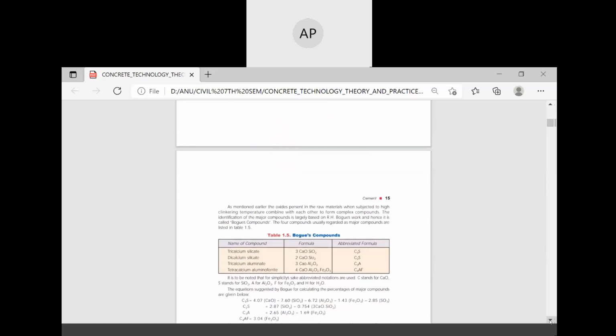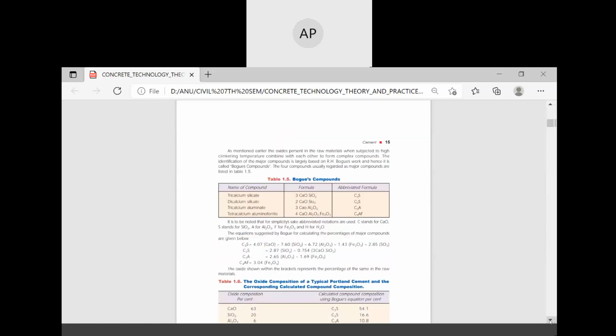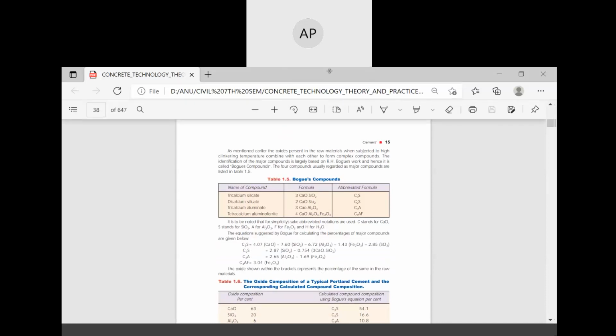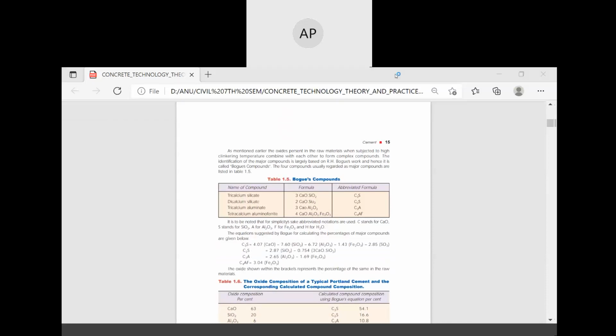And here, another very important topic: the major compounds of cement, called Bogue compounds.